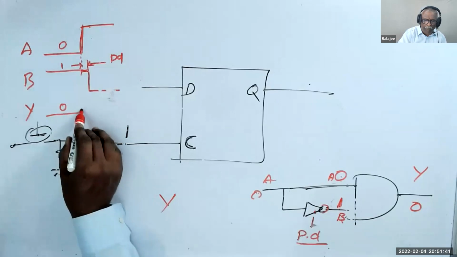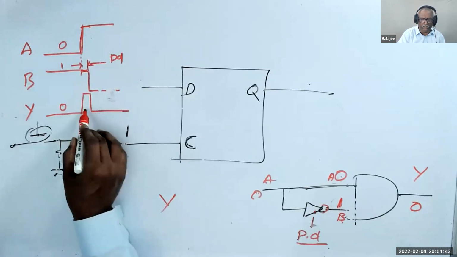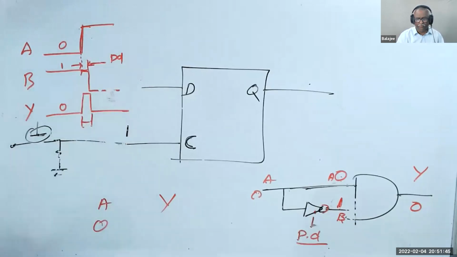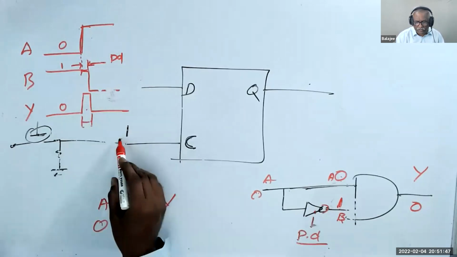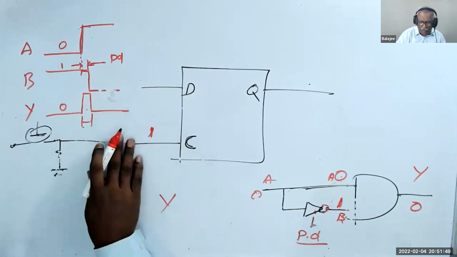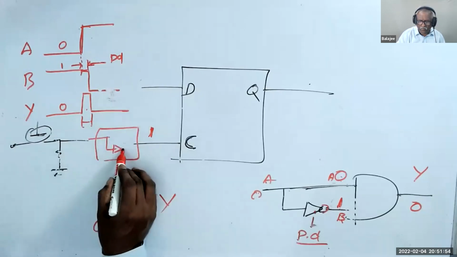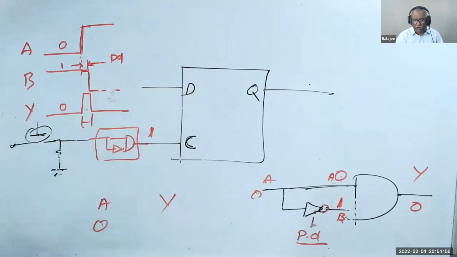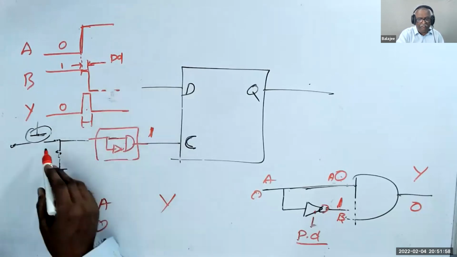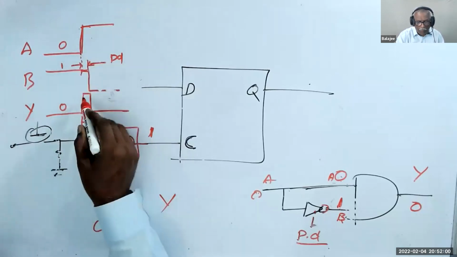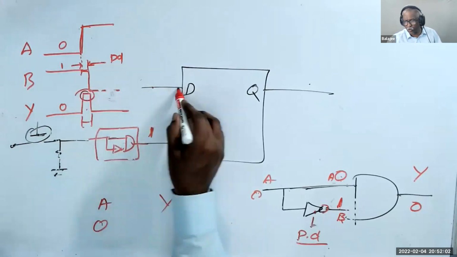So Y becomes 1 for a short duration. So C becomes 1 for a short time with this logic. When I have an edge, at that time there's a small pulse. So at that time D becomes Q.